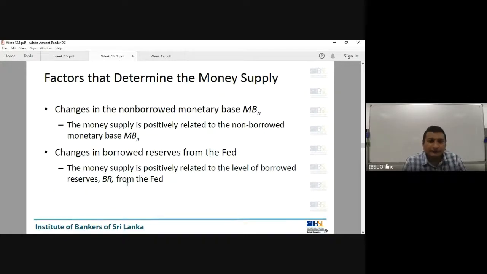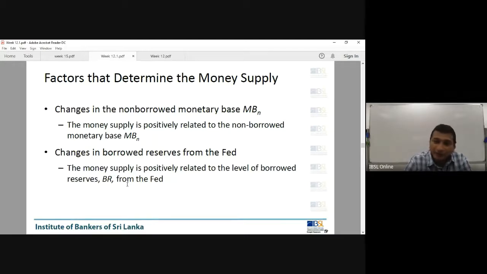So then we are continuing to recognize factors that determine the money supply process. You see there's already a component called non-borrowed reserves. You have looked at the non-borrowed component. You can see there's a component called non-borrowed monetary base. Okay. So changes in the so-called non-borrowed monetary base: the money supply is positively related to non-borrowed.